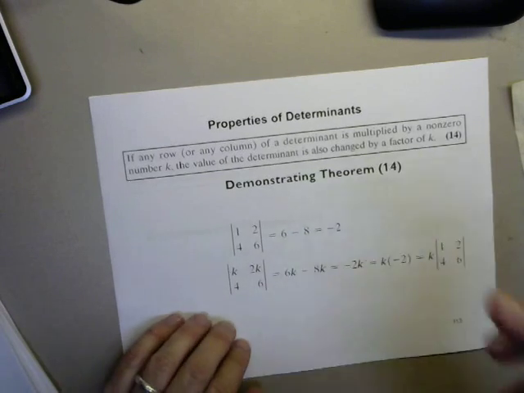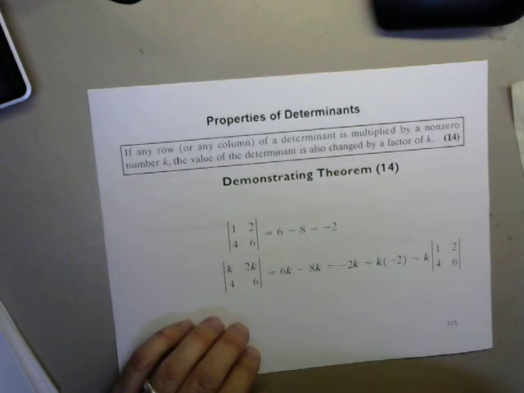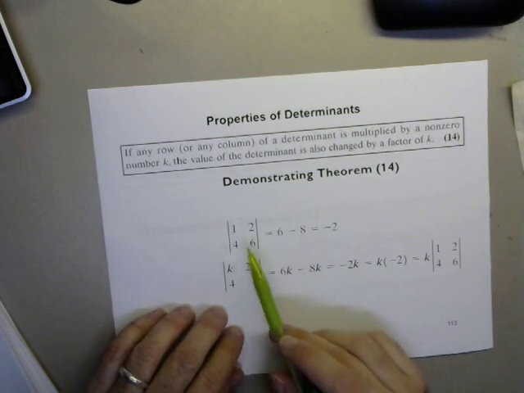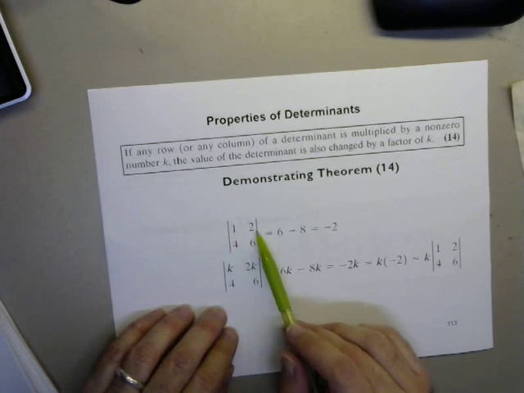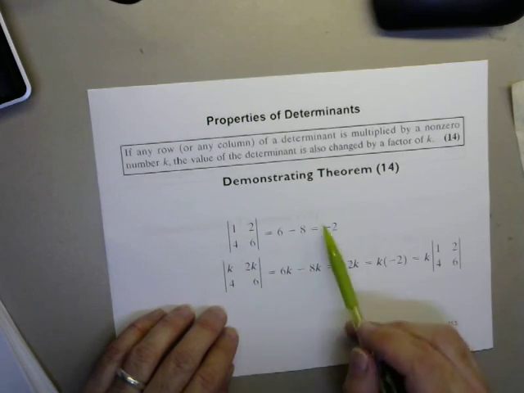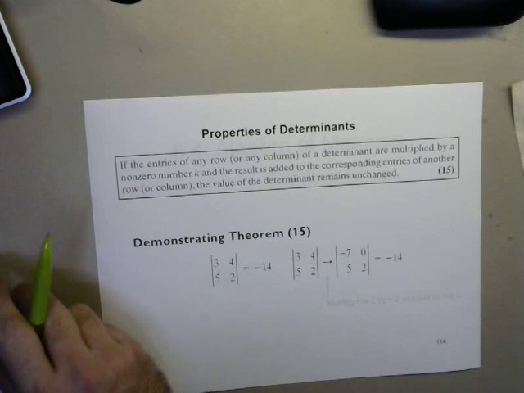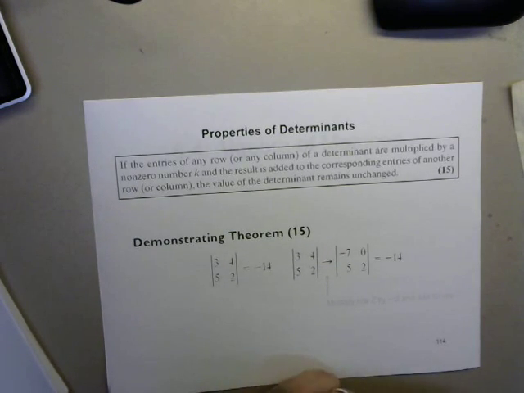If any row or column of a determinant is multiplied by a non-zero number k, the value of the determinant is also changed by a factor of k. So let's say, for example, you multiply this top row by 3, then you basically multiply the determinant by 3. Here's another theorem. If the entries of a row or column of a determinant are multiplied by a non-zero number k, and the result is added to the corresponding entries in another row or column, the value of the determinant remains unchanged.